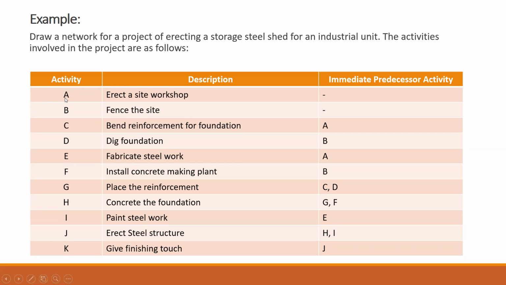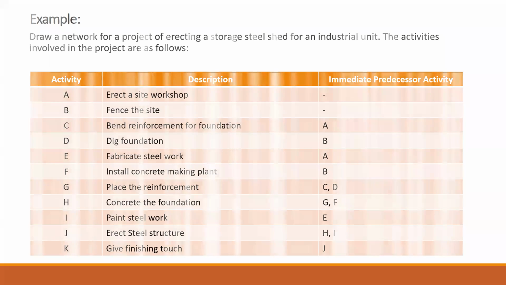So wherever you see that there is a dash, you know that this is the beginning one. Right now it is just the reverse one. So I know A is the preceding activity, so I need to have the A activity before we actually go for C. So if you want, you can do that. Predecessor activity can be put, and the given activity can be put in the second column. That's very much possible. Let us see how to draw it.